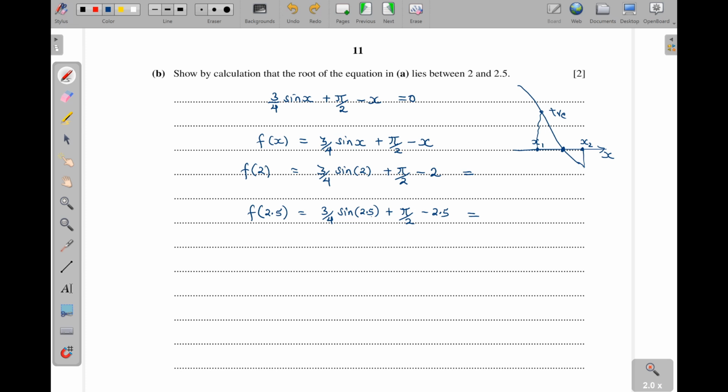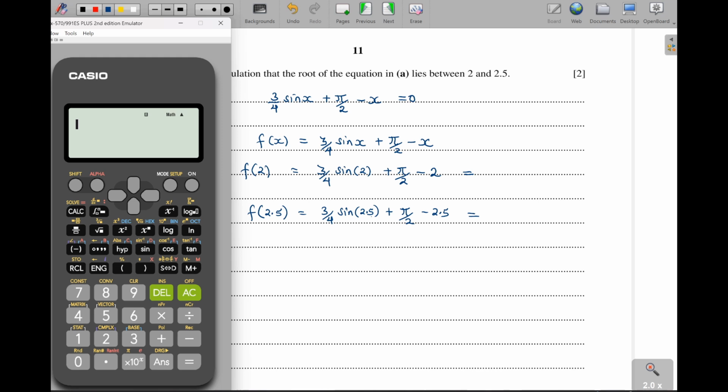And then here, the value of y is going to be negative. Here the y value is positive. So if the root is in between two values, those two values should give two different answers. One being positive and the other negative.